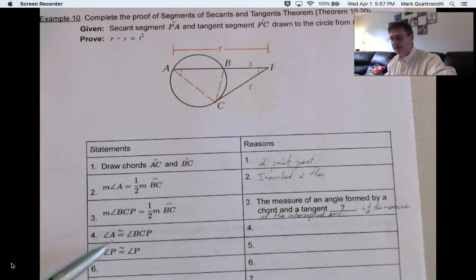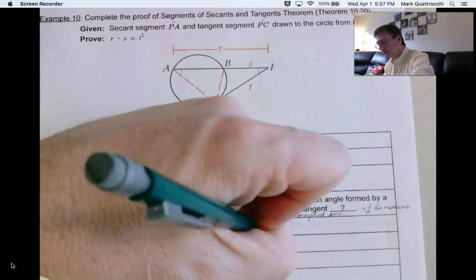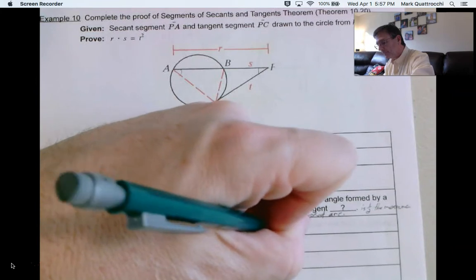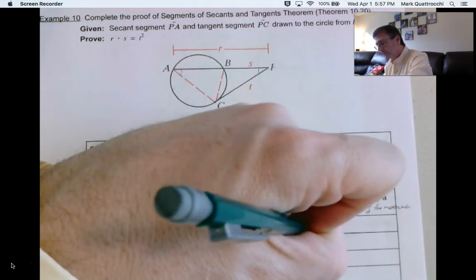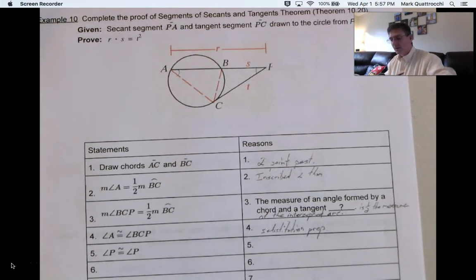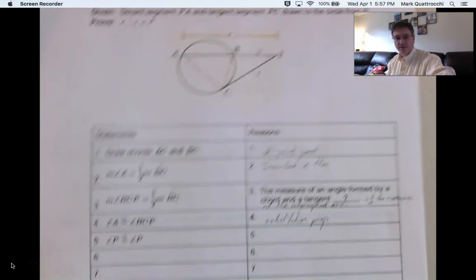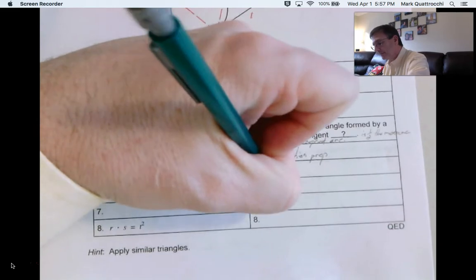Therefore, the measure of angle A is equal to the measure of angle BPC, by substitution or reflexive property. Go with substitution property. Angle P is congruent to angle P, reflexive property.